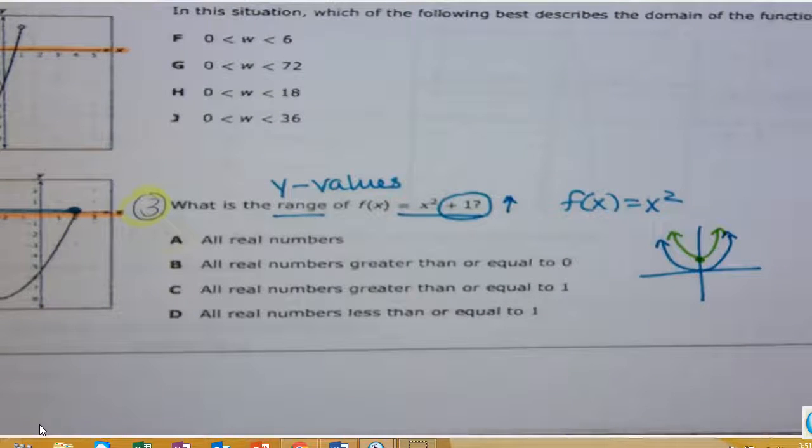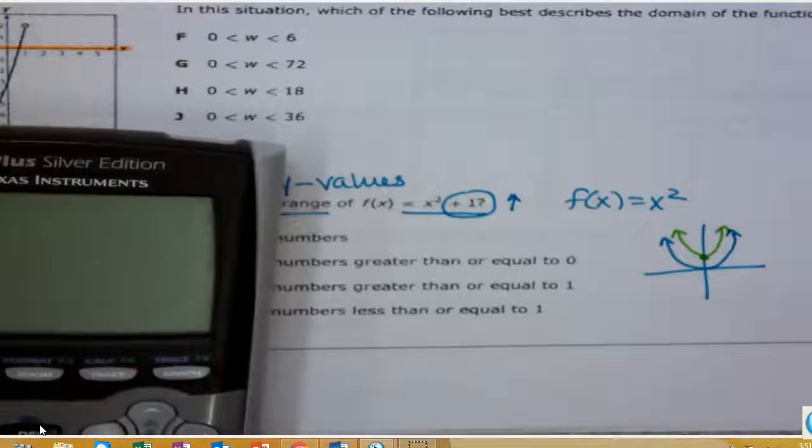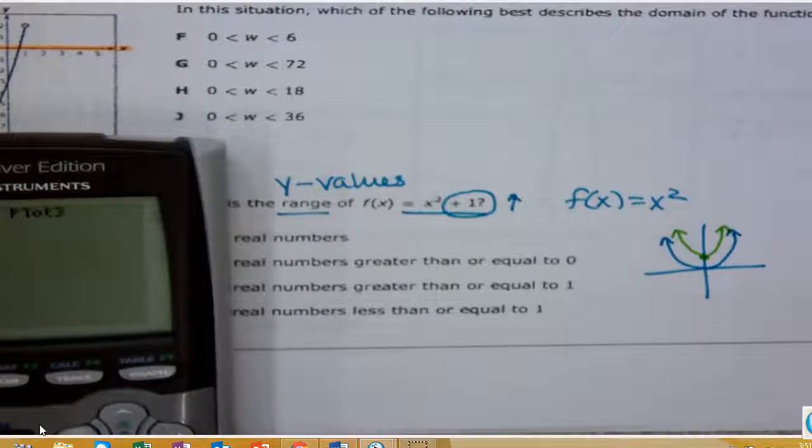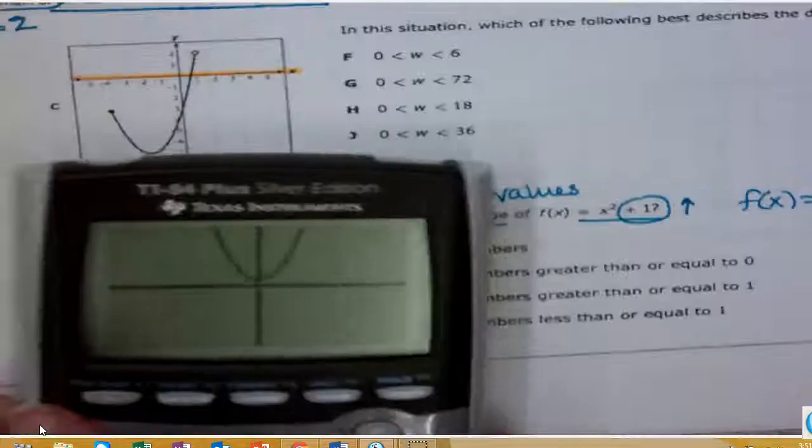One thing that you can do is just plug that equation into your calculator, go to your y equals and enter x squared plus 1. Enter and graph and see. There it is. It's moved up 1.